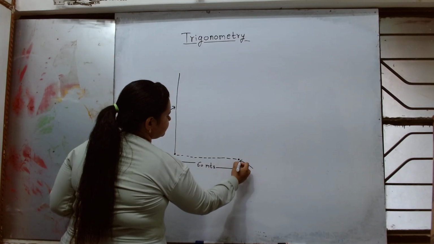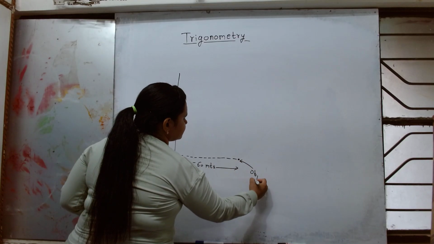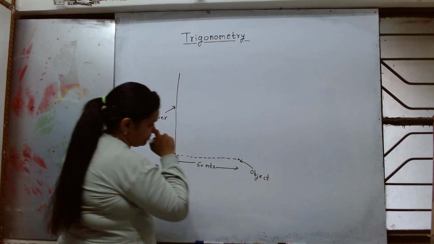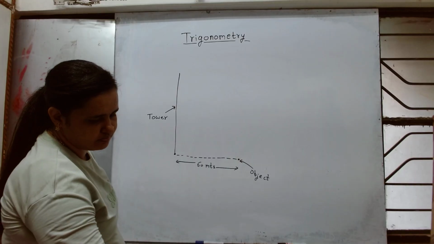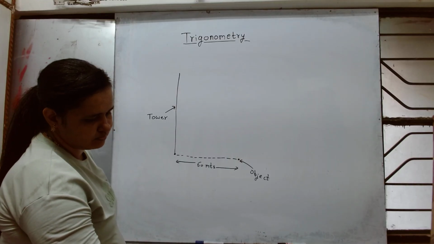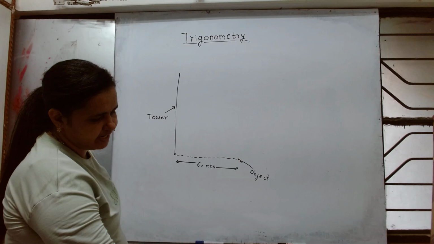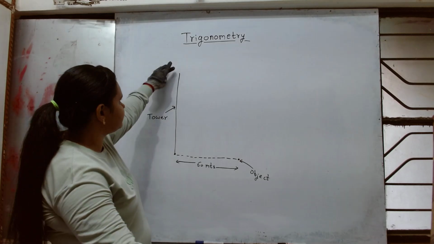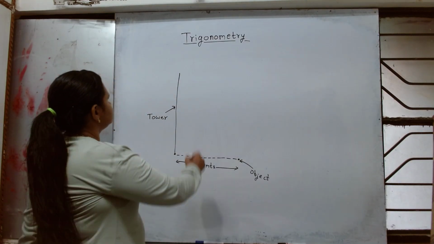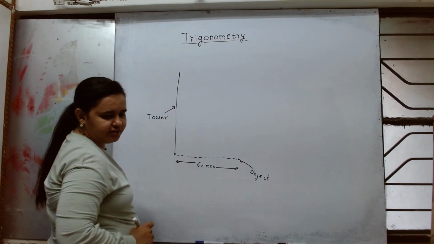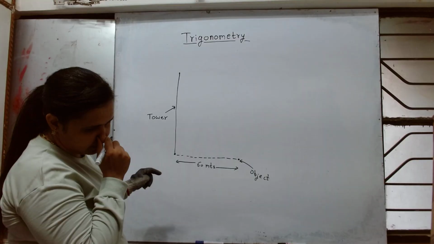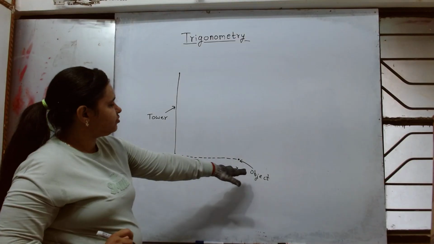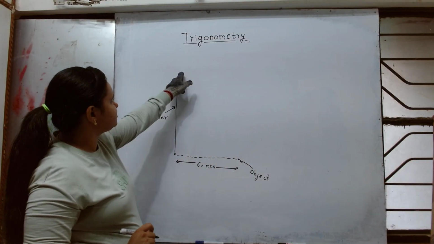This is the object. The angle of elevation of the top of the tower, this is the top of the tower, and angle of elevation from its foot is 30 degree. From the object, the angle of elevation is 30 degree.